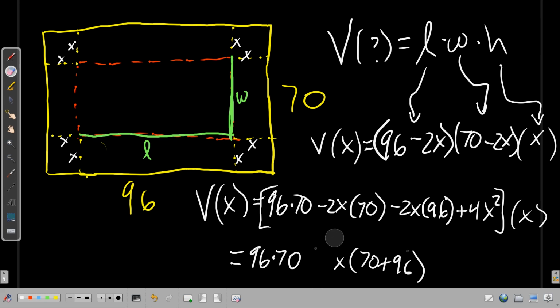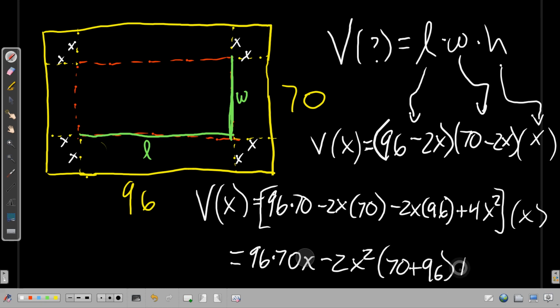And I guess I should go ahead and multiply everything by x. This is 96 times 70 times x minus 2x squared times 70 plus 96 plus 4x cubed. Okay, great. There's my V of x.